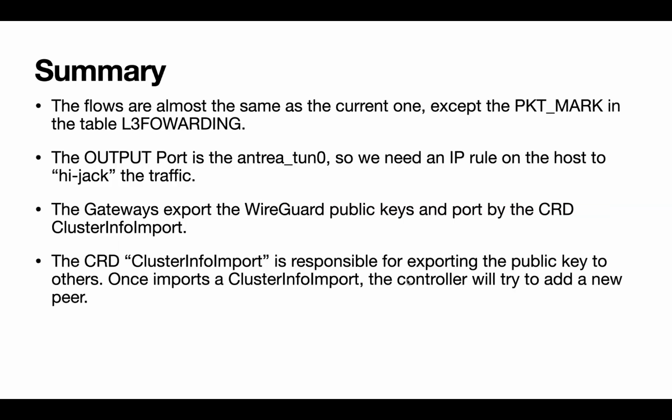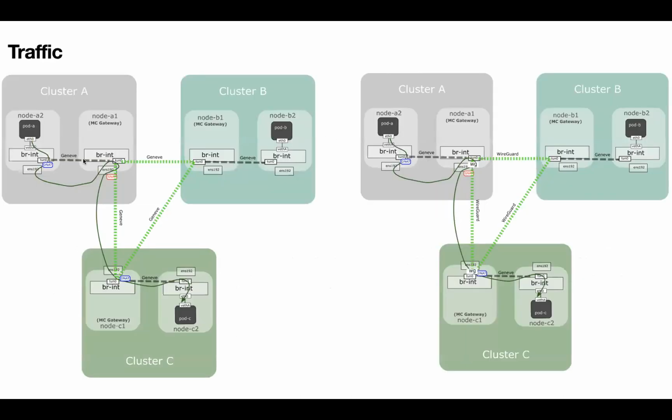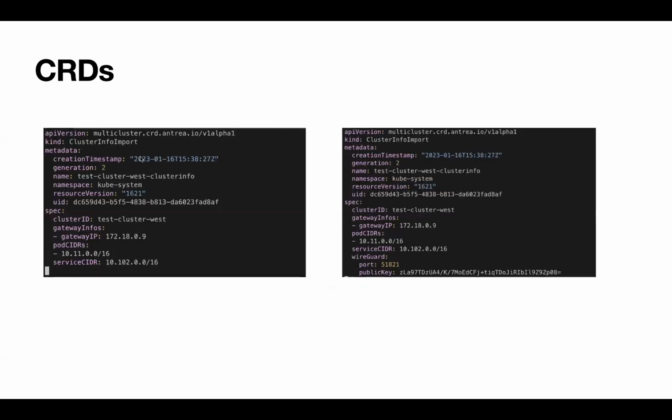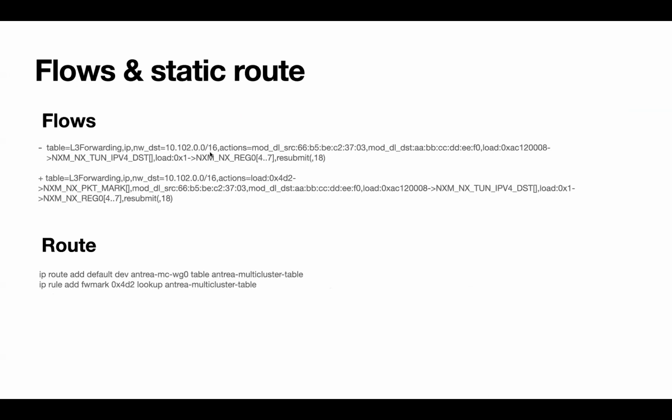Okay, let's come to the summary. The first summary is that the flows are almost the same as the current implementation. What we need to change is this flow in the L3 forwarding table.